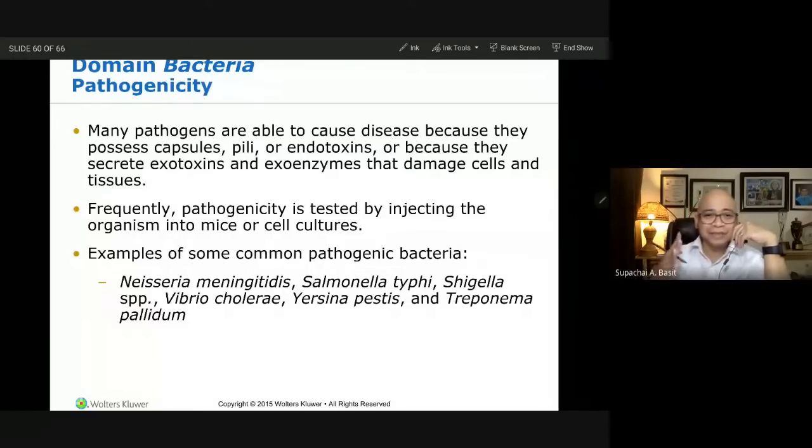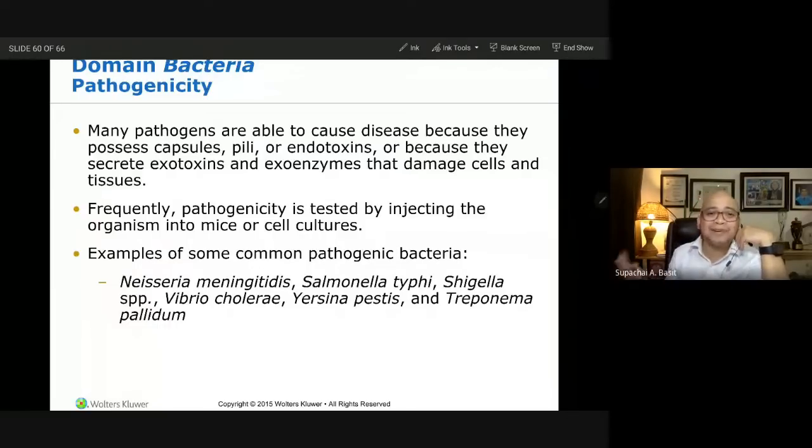Frequently, the pathogenicity is tested by injecting the organisms into mice or cell culture. So we call it the animal virulence test, or sometimes we culture living cells with bacteria to determine the effects of bacteria in those living cells in vitro, or in the laboratory.